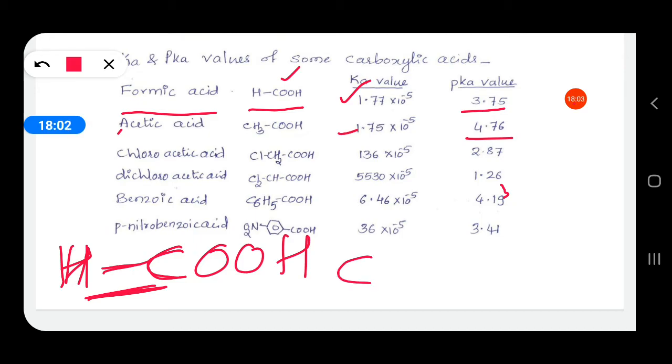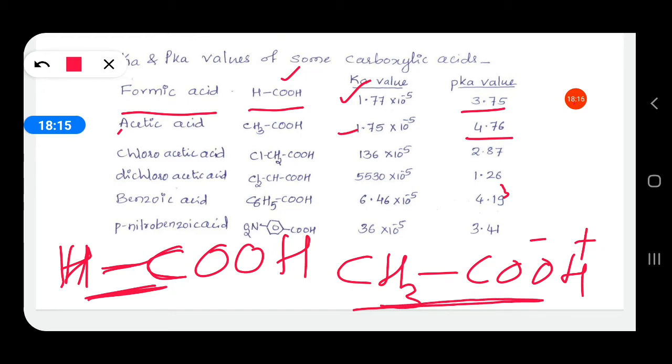But in acetic acid, it is CH3COOH. And when it forms a carboxylate ion, COO minus and H plus, if it is more resonance stabilized, then only the Ka value increases. But here, the methyl group is an electron releasing group. That is, it shows plus inductive effect that you learned in the last semester.